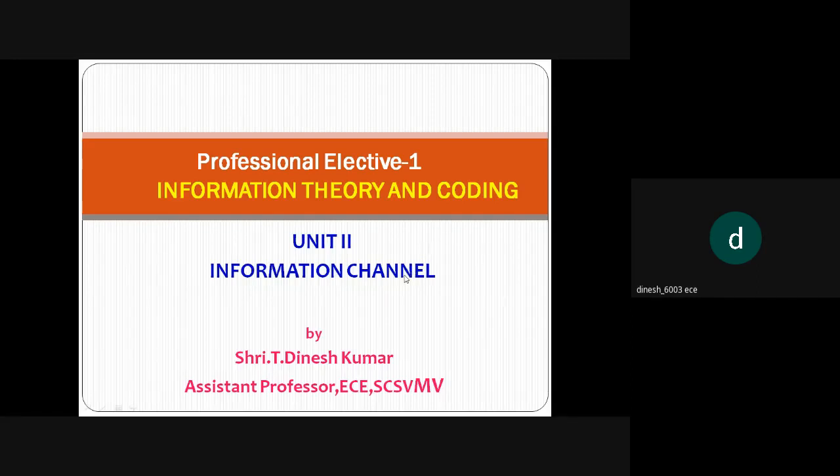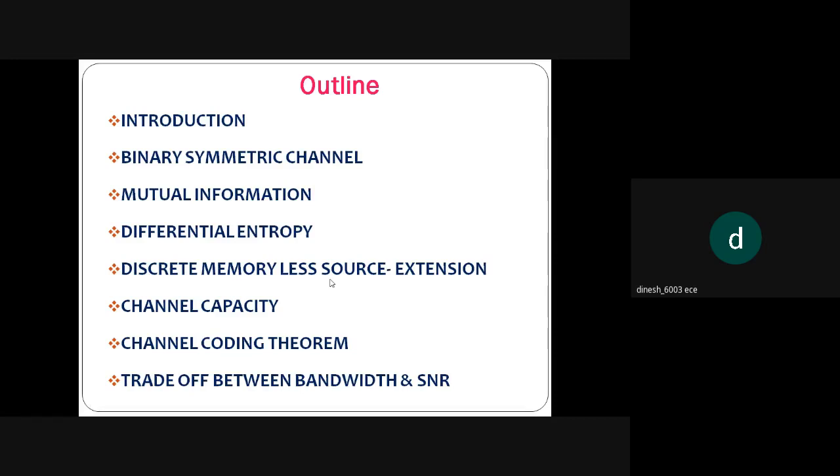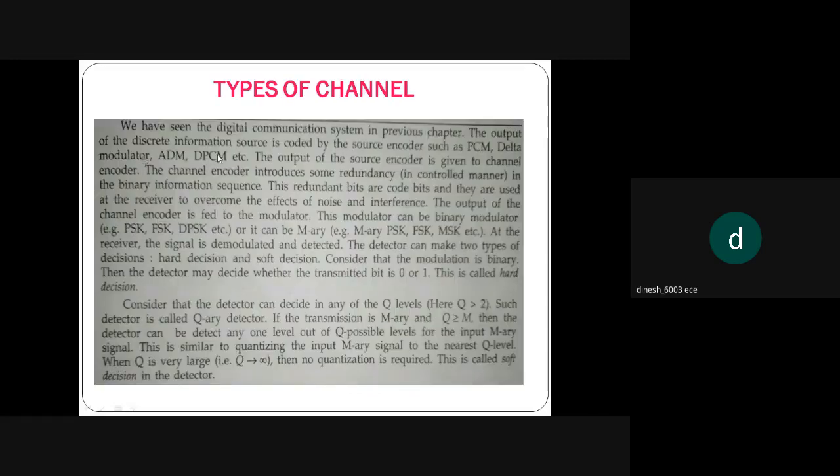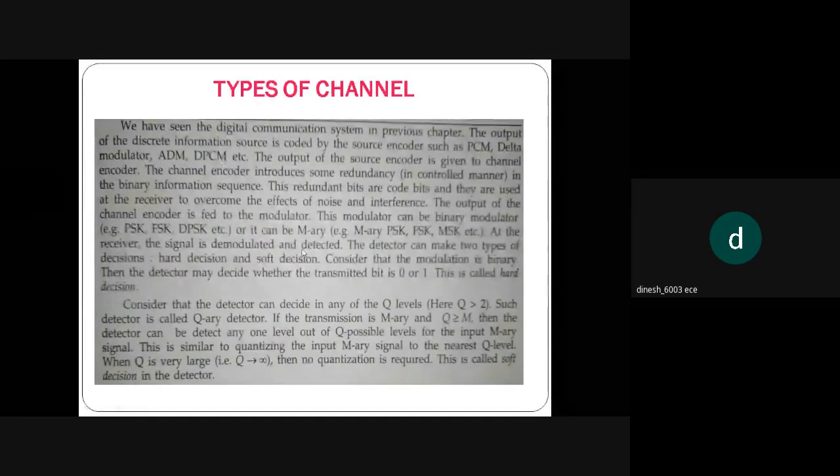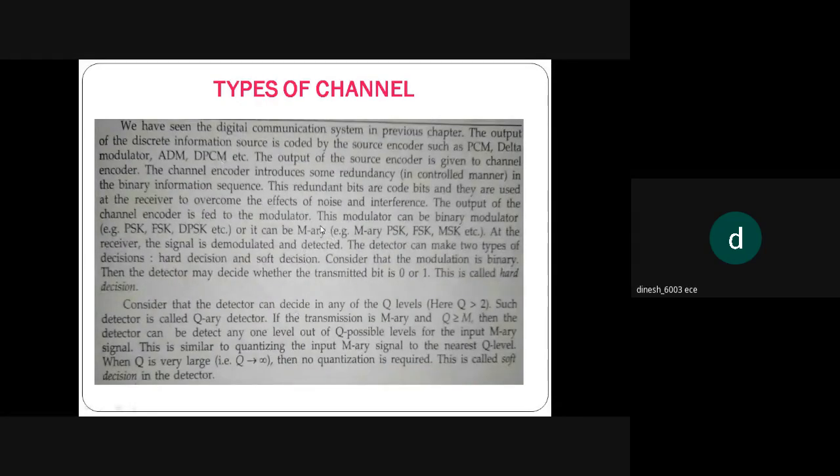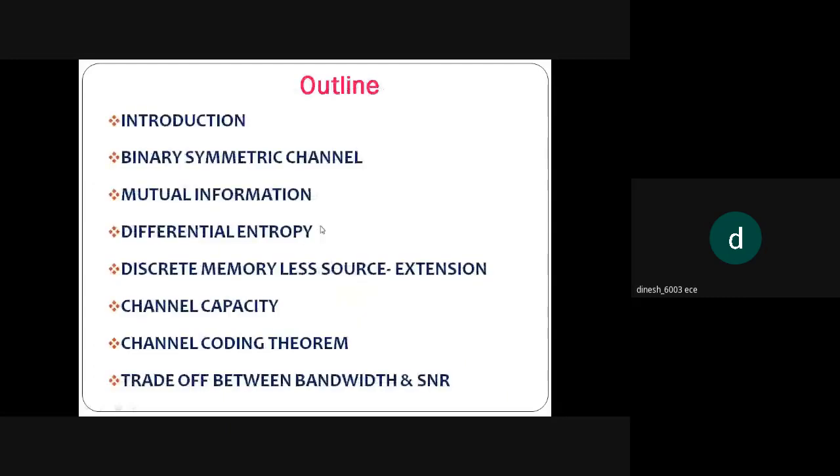So in today's class, we are going to start Unit 2, Information Channel. With the outline of this unit, we'll be seeing these different concepts. The first concept is the binary symmetric channel, followed by mutual information.